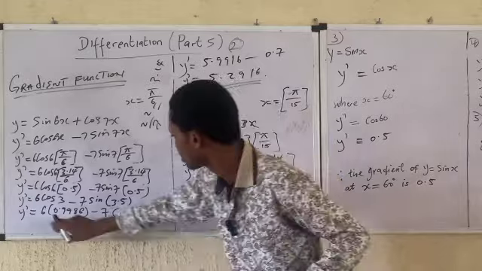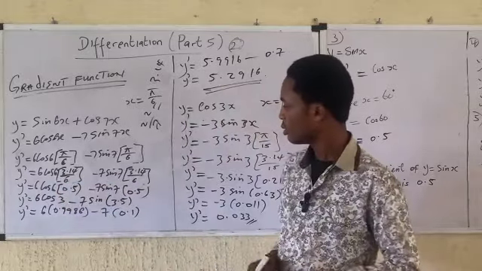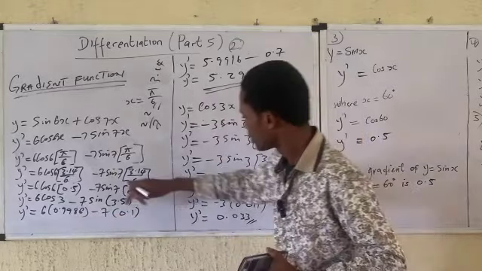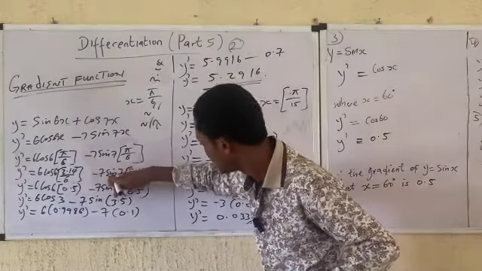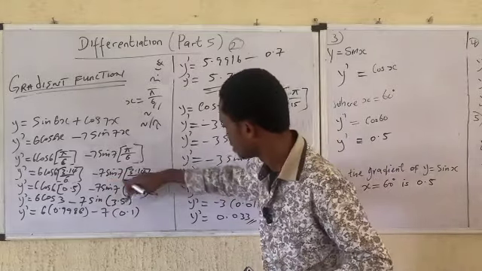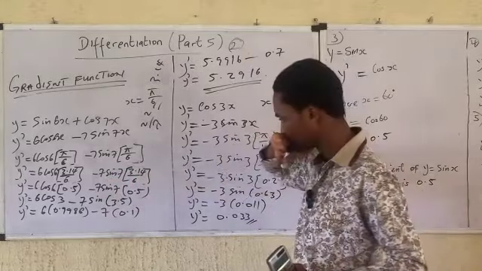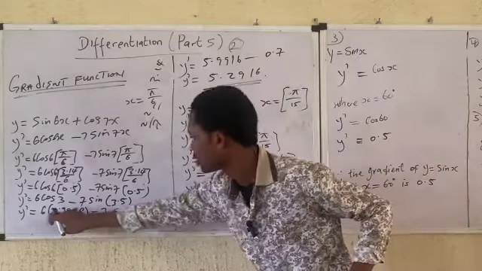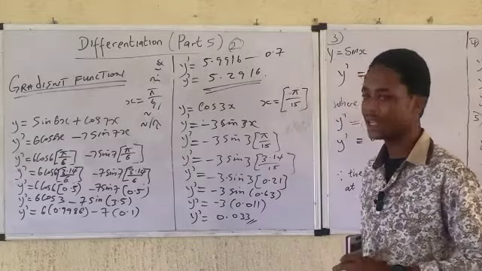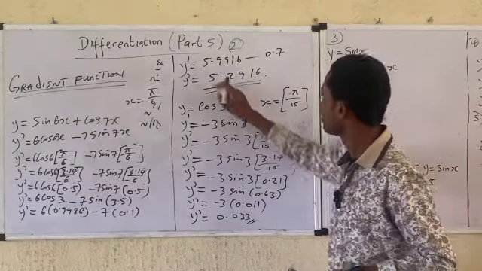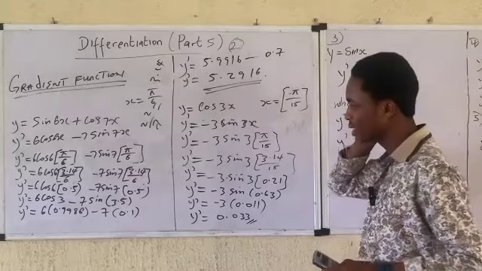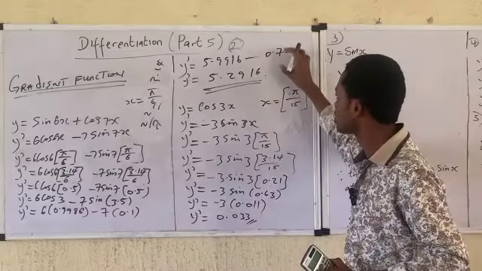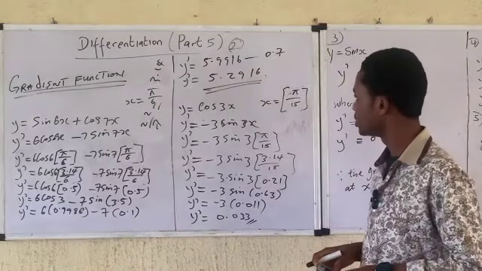Y prime equals 6 cos 3, which will give us 0.9986, minus 7 sin 3.5, which will give us 0.1. Now y prime equals 6 times 0.9986, which will give us 5.9916, minus 7 times 0.1, which will give us 0.7.